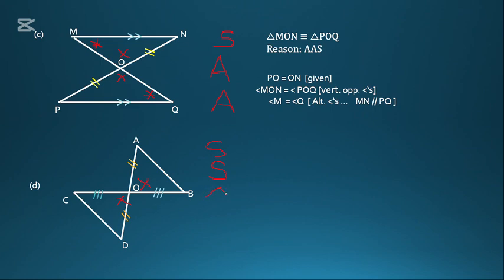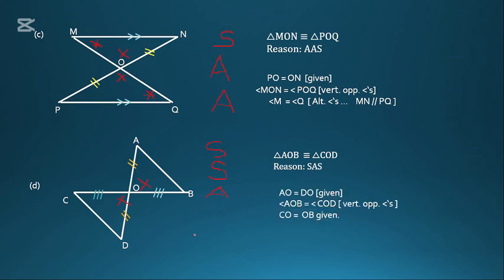Right. So we have two sides and an angle, and we say triangle AOB is congruent to triangle COD, reason: side, angle, side. That is the correct way of writing it. Right, side, angle, side.